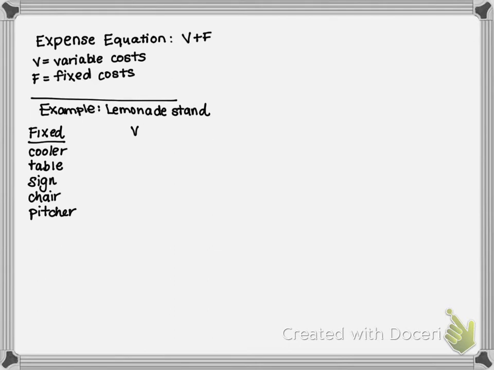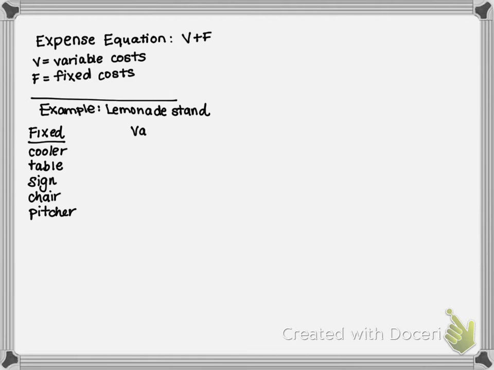These are one-time expenses, okay? So I will never spend, or I won't have to spend more the more lemonade I sell. Like, I'm not going to have to buy another cooler or another table if I sell more lemonade. They are one-time deals, okay?